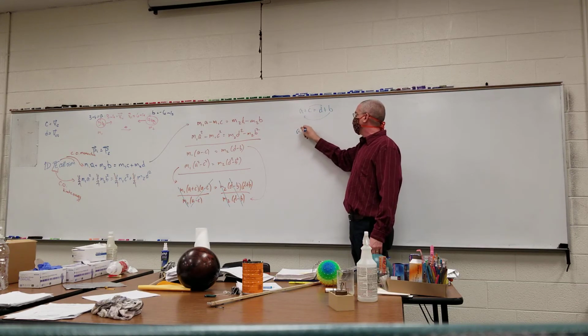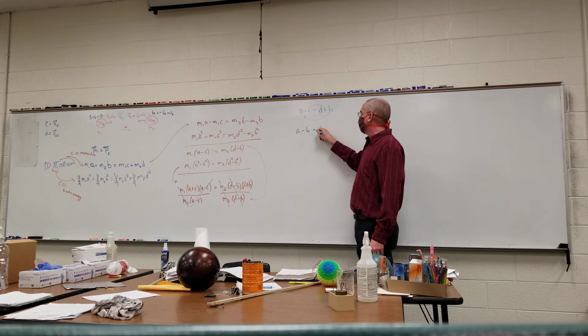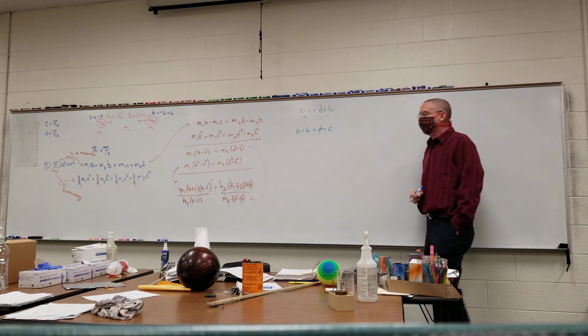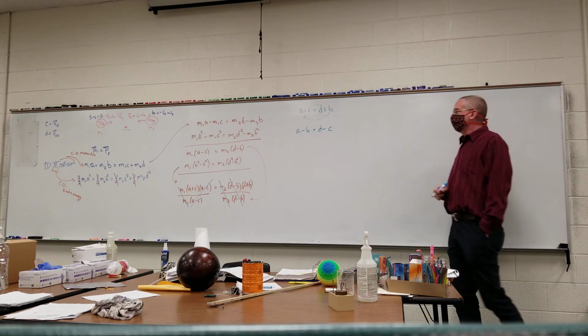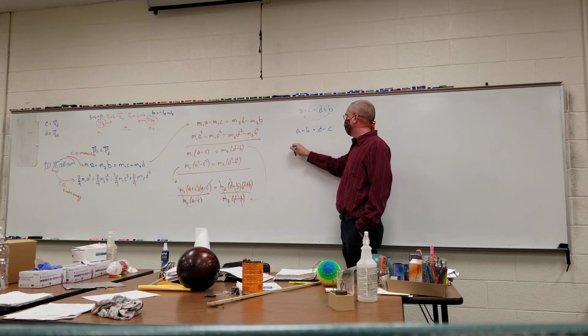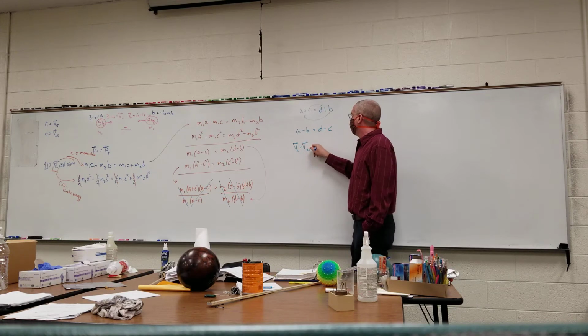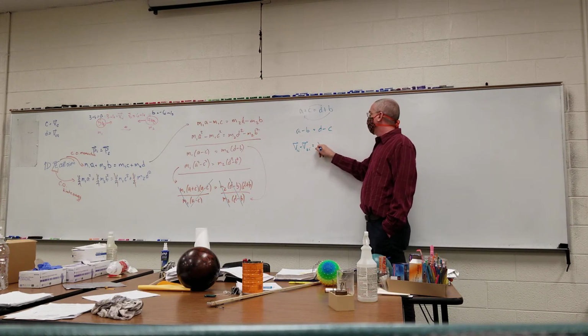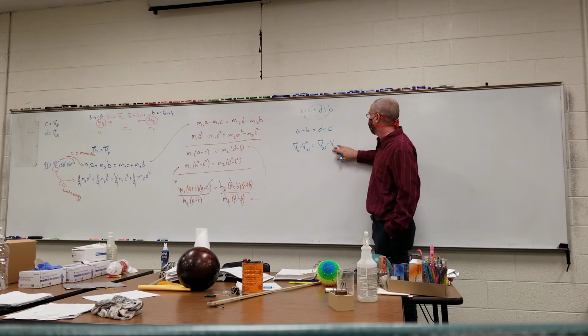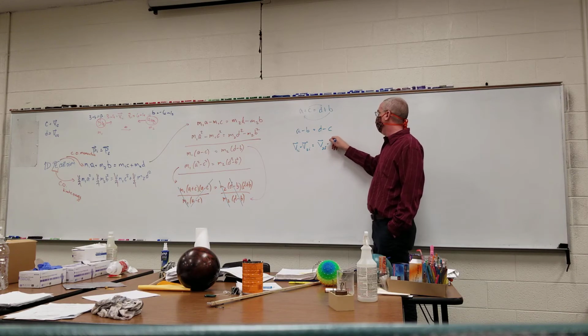So A minus B is equal to D minus C. Or putting it in the more formal language over there, V1 initial minus V2 initial equals V2 final minus V1 final.